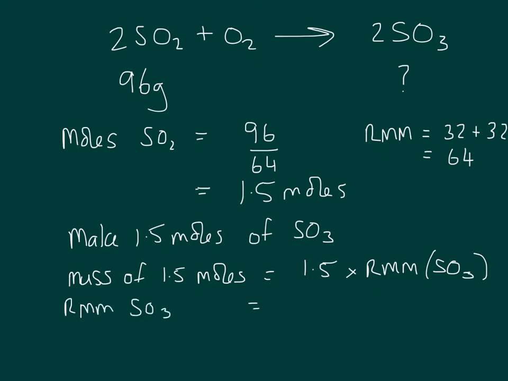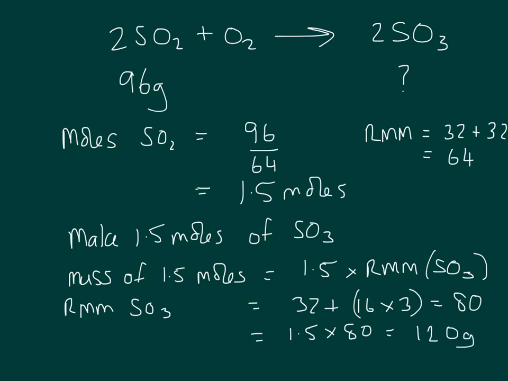That equals the sulfur, which is 32, plus oxygen, which is 16, times 3. 16 times 3 plus 32 equals 80. So the mass of 1.5 moles equals 1.5 times 80, and that equals 120 grams.